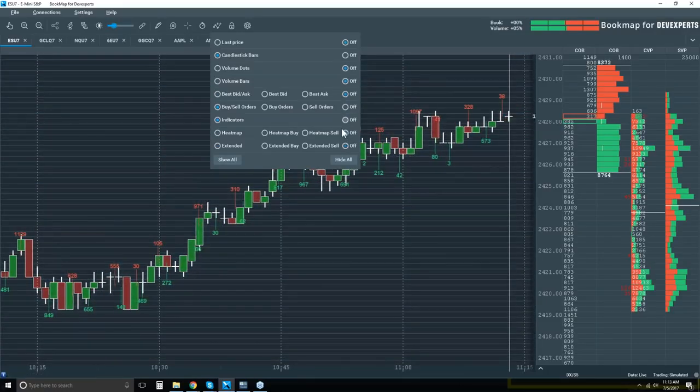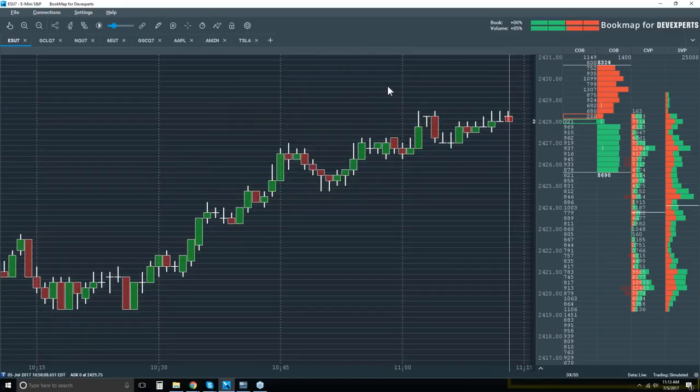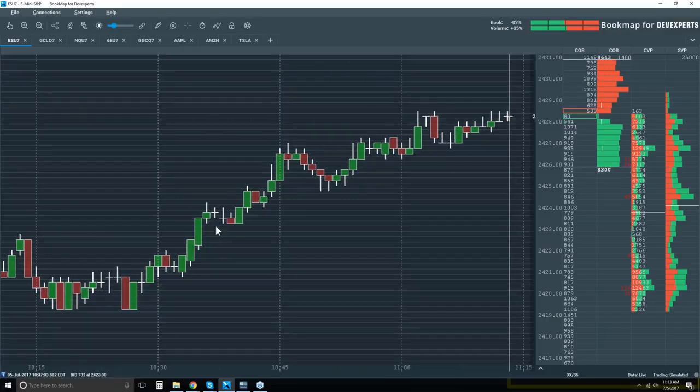Okay, and indicators. Most of us are very in tune to understanding a candlestick chart. So here it is in Bookmap.